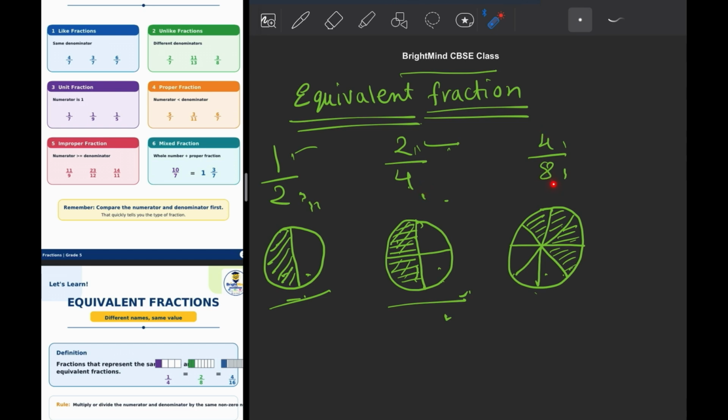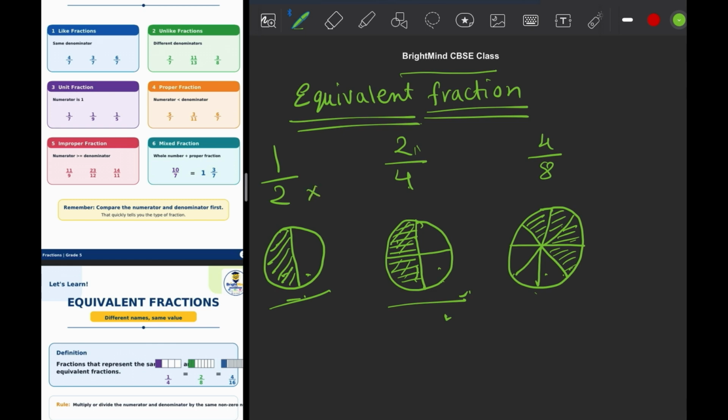The denominator, just as a review, is the number on the bottom of the fraction. So let me multiply this denominator by 2, for your understanding.